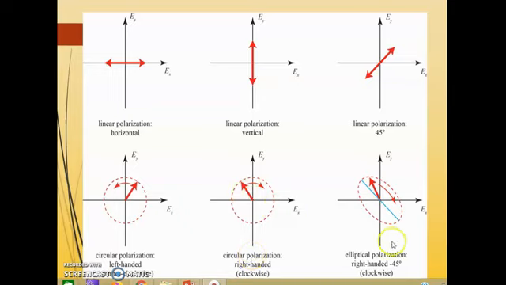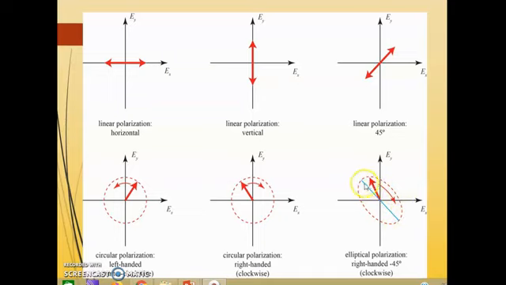Well, in the last one, elliptical polarization, both orientation as well as magnitude are changing. You can see here, this is my electric field vector and it is rotating in the clockwise direction, and as it rotates, since my net path is elliptical, the magnitude keeps on changing too.